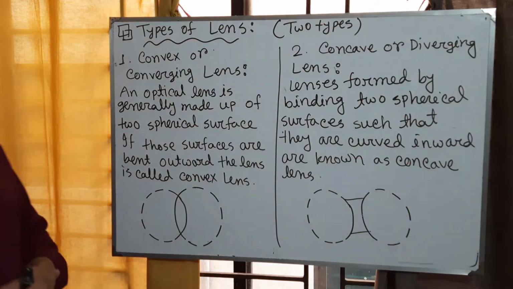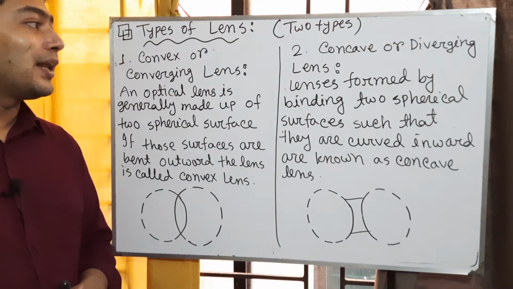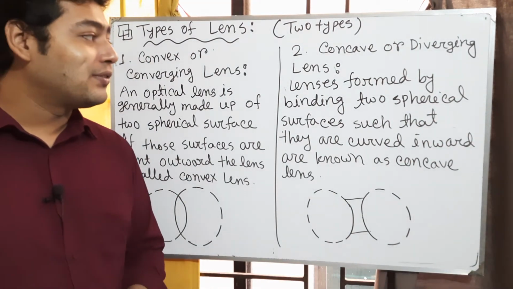So this is our convex or converging lens, and this is our concave or diverging lens.